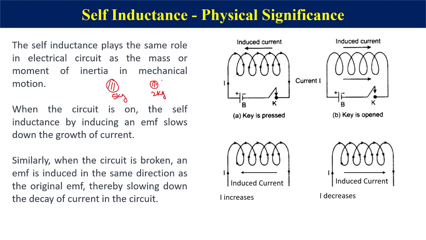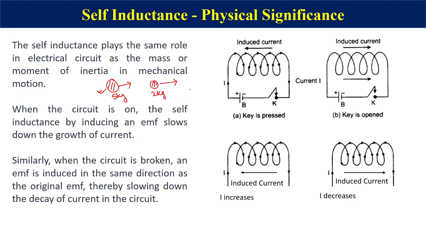Given a constant amount of force, this 2 kilogram will move easily as compared to this 5 kilogram. Or rather, the amount of force required to move this 2 kilogram will be less than for 5 kilograms. So since the mass of this particular body is higher, it has higher inertia towards the motion. It doesn't want to be in motion.